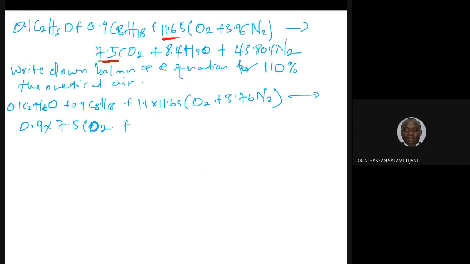Then the water remains the same, so it's not affected in any way. So we have 8.4 kilomoles of water. Now we have again carbon monoxide. Be careful over here. We have carbon monoxide and oxygen that will be present, and we are told that 0.1% of carbon monoxide is given at the product side.